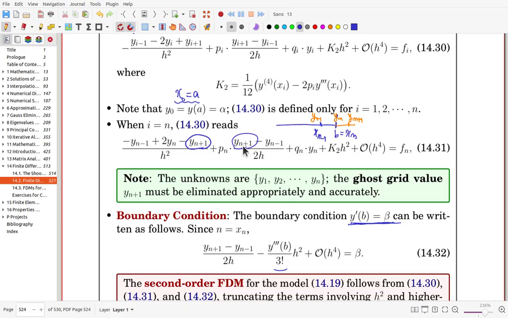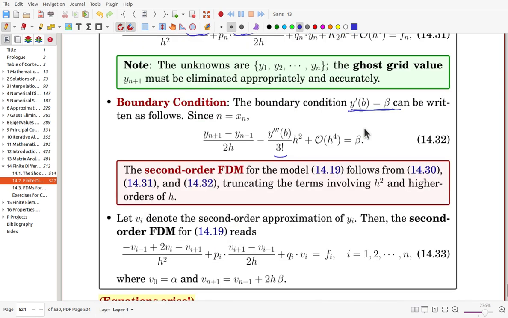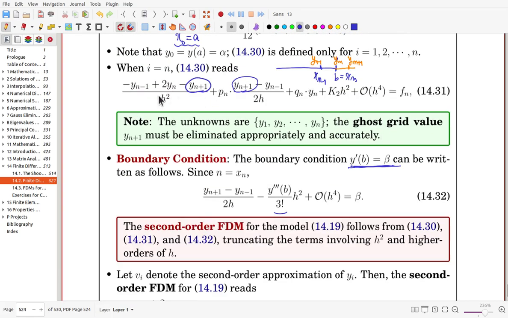Such a technique is using a ghost grid value. This is a ghost grid value, and by using this technique, you can define this finite difference equation well, and y n plus 1 can be replaced in this way.